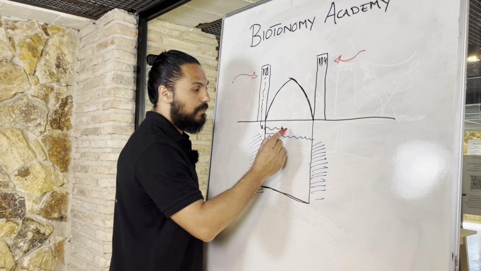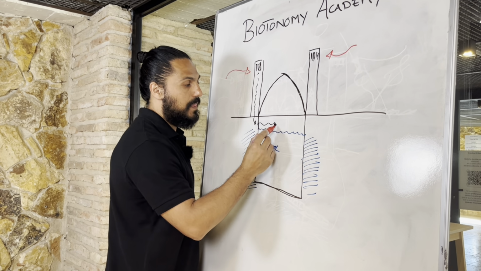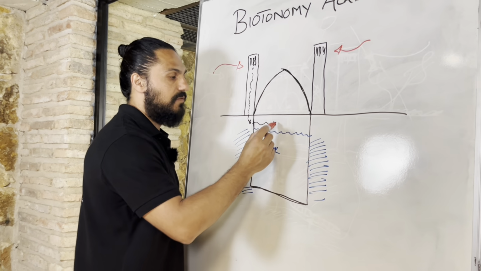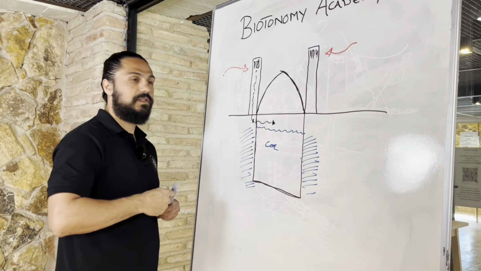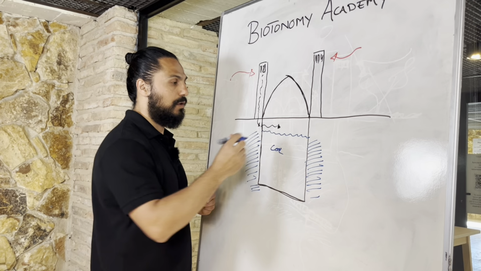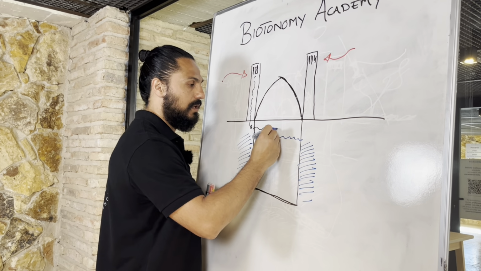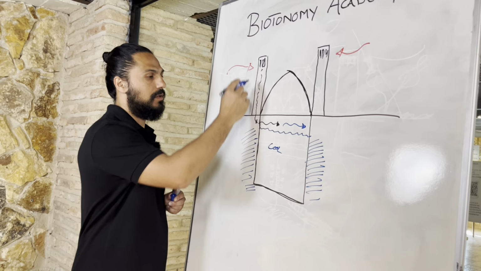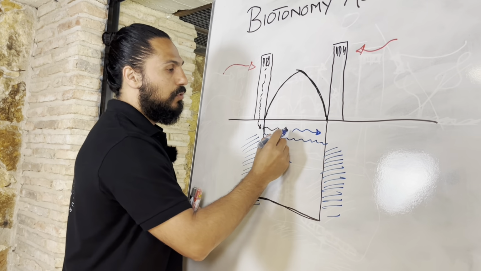So when the wind passes over the water, there would be evaporation happening. When this evaporation happens, the air becomes cool. So it passes over from being hot to cool.